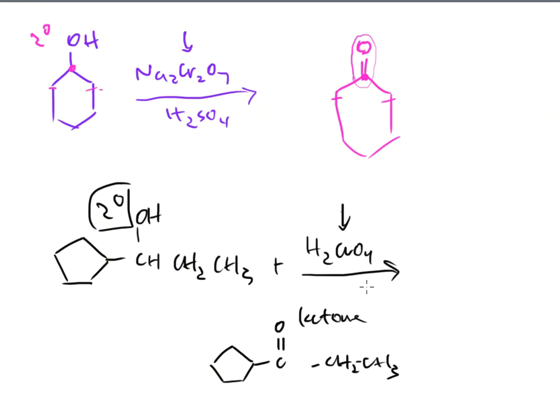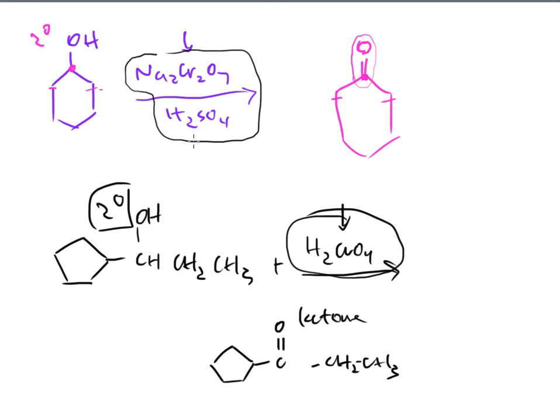I've also showed you 3 different examples using reagents on the arrow. In one form, they gave you H2CrO4. In the other form, they've given you Na2Cr2O7 with sulfuric acid. And then the very first one that we did was CrO3 with H2SO4. Again, chromium trioxide in sulfuric acid is one version that we can use.